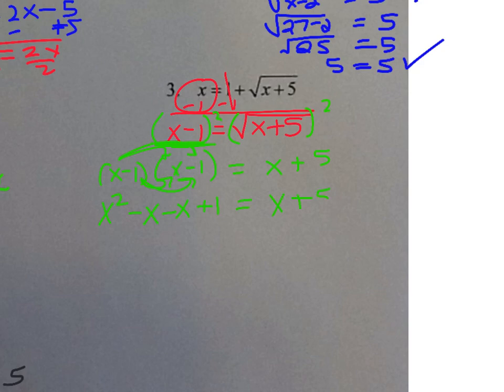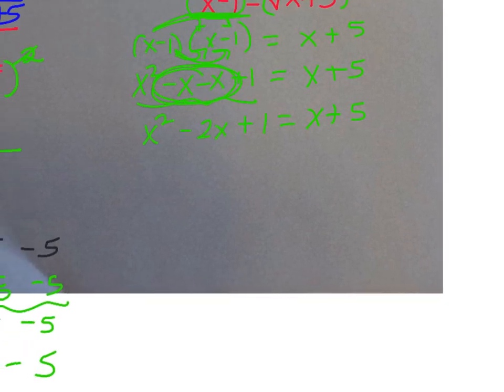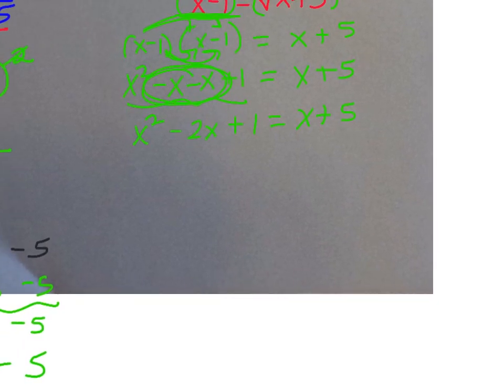Let's clean up the left side here. Negative x minus x is negative 2x. Now you have to say, this is not like an equation from before, right? It's quadratic. And how do I know it's quadratic? Because it has that square here. So we have to move everything over to the left side.